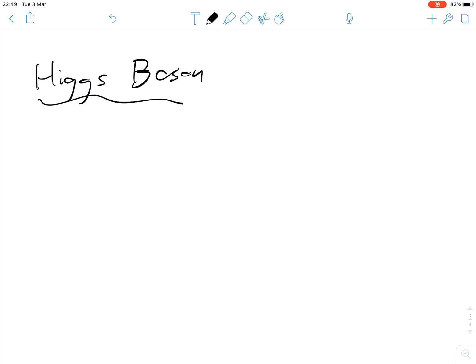The Higgs boson is a very interesting discovery. It essentially is the particle that mediates or is in charge of the quantity mass. The Higgs boson is responsible for, let's say, the existence of mass.